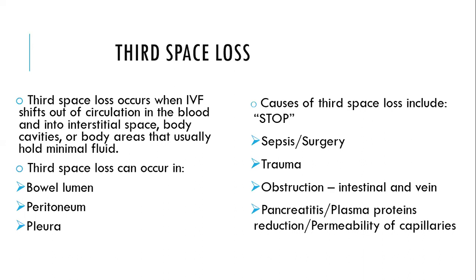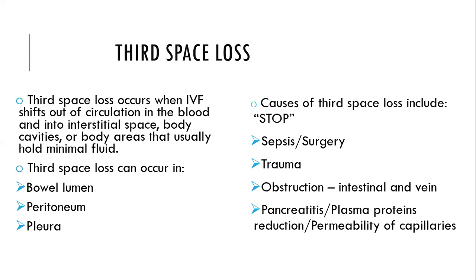Common causes of third space loss include what I call STOP. So the idea is to stop third space loss. This includes sepsis, surgery, trauma. When you have intestinal or venous obstruction, patients with acute pancreatitis, or when you have low plasma proteins to defend the oncotic pressure, or you have increased permeability of your capillaries.